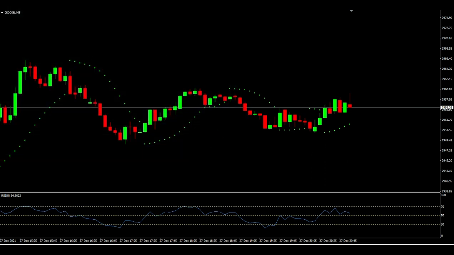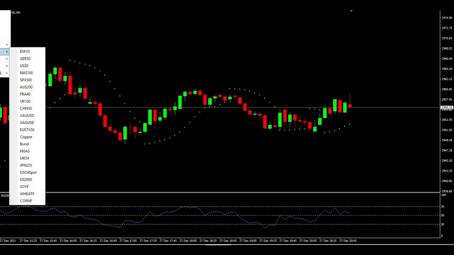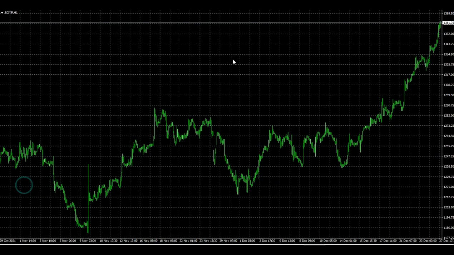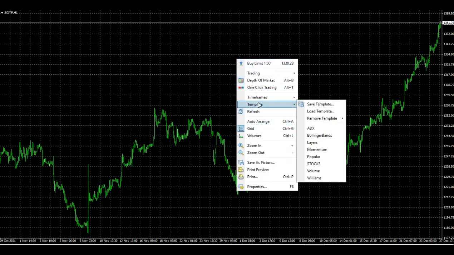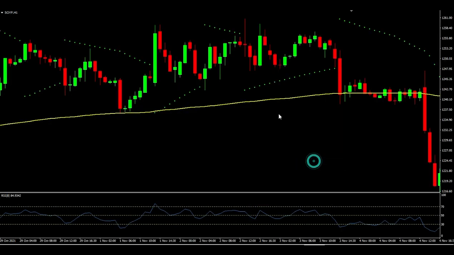Once it's saved, then you can apply it on any other new chart, CFD, for example, soy, commodities also. Right click and go to template and put stocks.